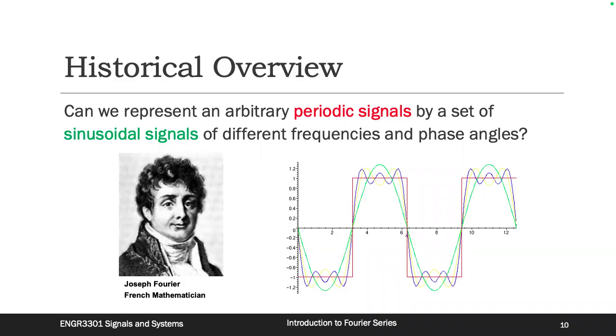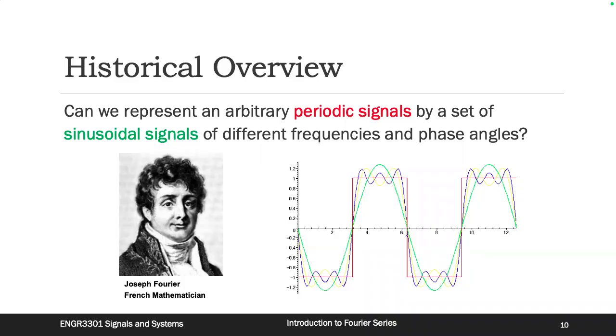We know that this square wave is a periodic signal. Can it be represented by a set of sinusoidal signals? Yes, it can, and this shows how. The green one is one sine function, the blue one is one sine function, and the yellow one is also a sine function.